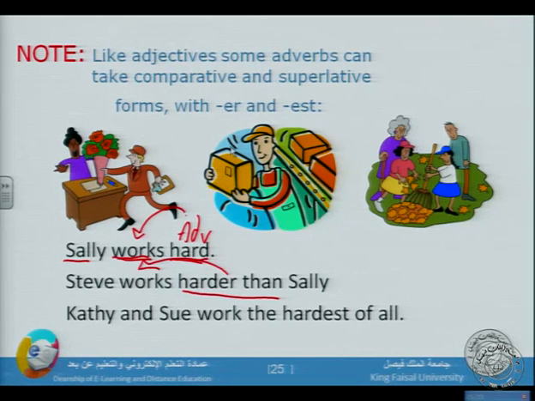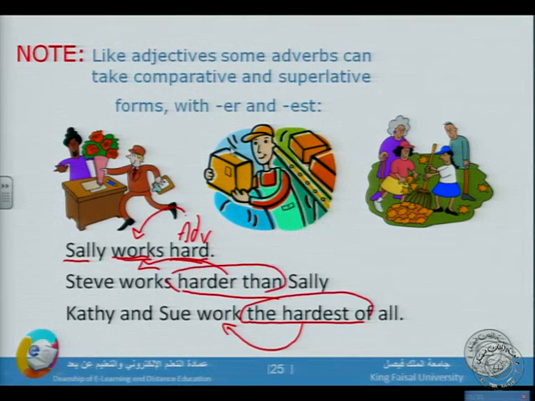Kathy and Sue work the hardest of all. لاحظوا هذه صيغة مبالغة، superlative form of adverb لأنها describe work. فهذا نسميه صيغة المبالغة كما تعلمون جيدا، وهذا نسميه صيغة المفاضلة بين شيئين.